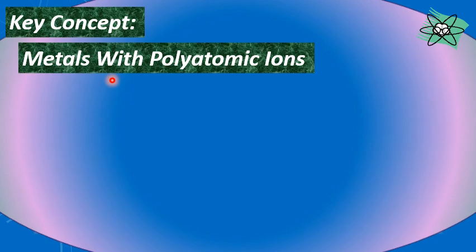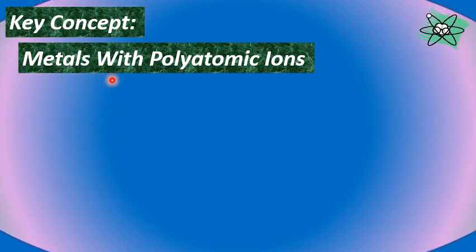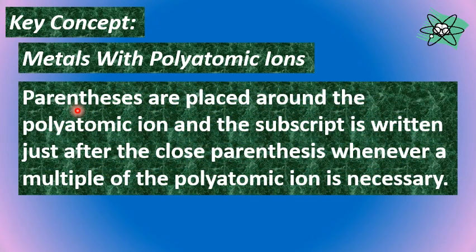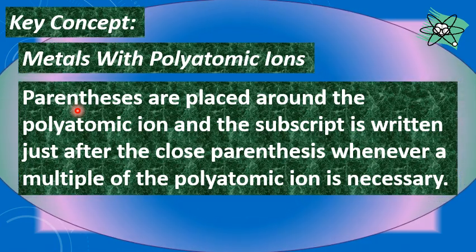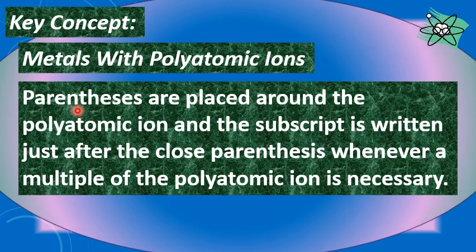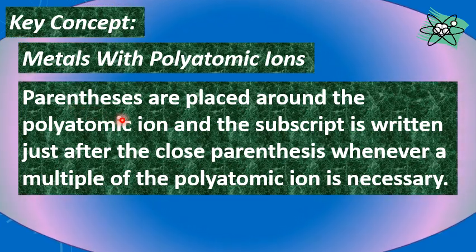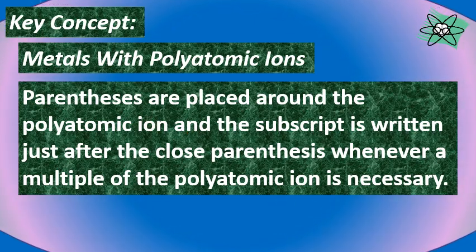Compounds of metals with polyatomic ions are formed in the same way as the binary ionic compounds. We place parentheses around the polyatomic ion and write the subscript just after the closed parentheses whenever a multiple of the polyatomic ion is necessary.